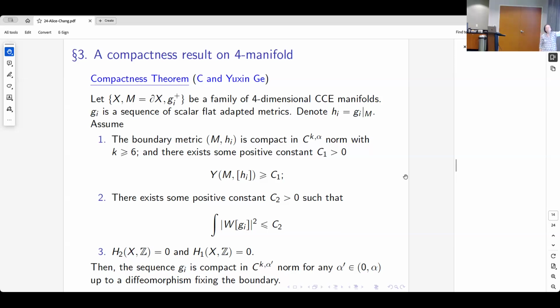These two conditions prevent the sequence of compactified adapted metrics from having boundary blow up. But we also need a condition to prevent interior blow up, and that's this topology condition. Under these three conditions, we have compactness. So the boundary constraint implies the interior metric is compact.